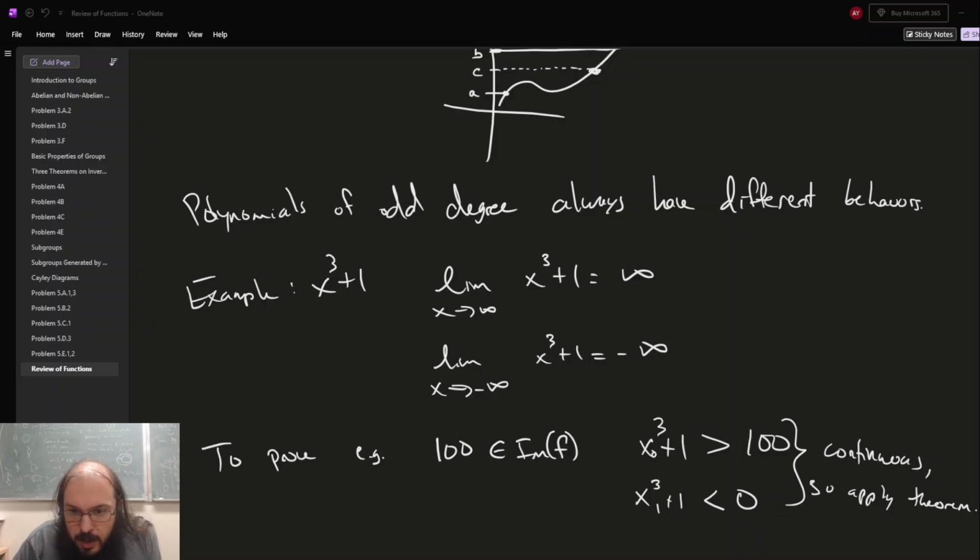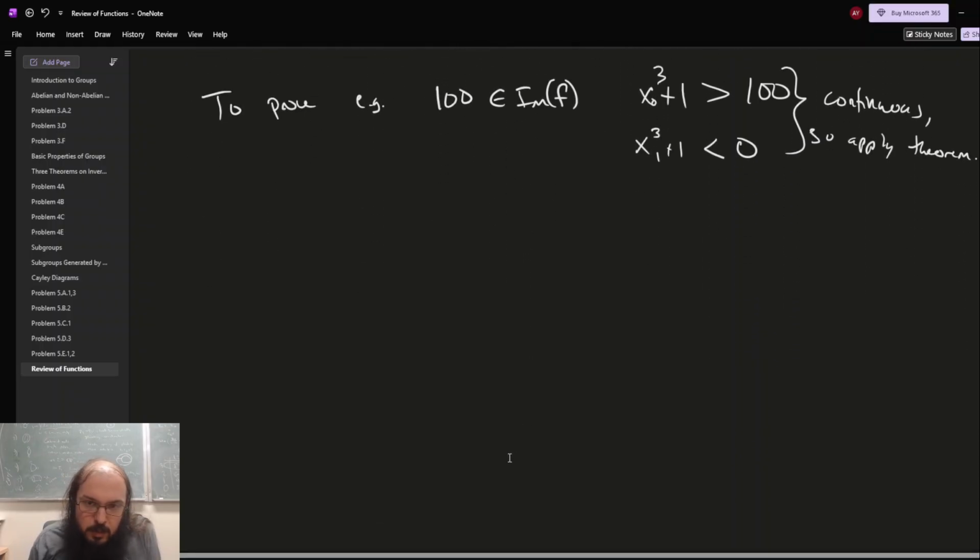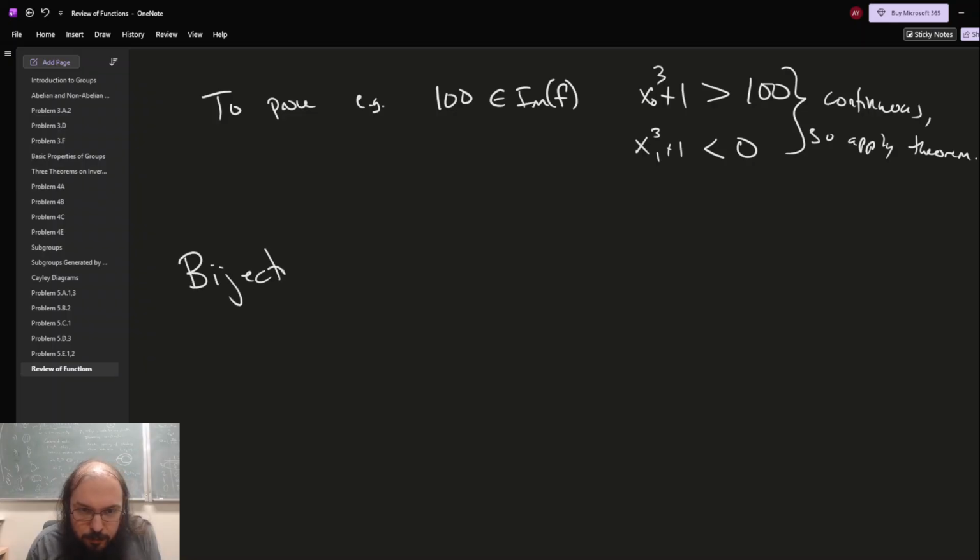All right. And the last important property on our list for today is what we get when we combine these things. We call this bijective. This is injective and surjective at the same time.